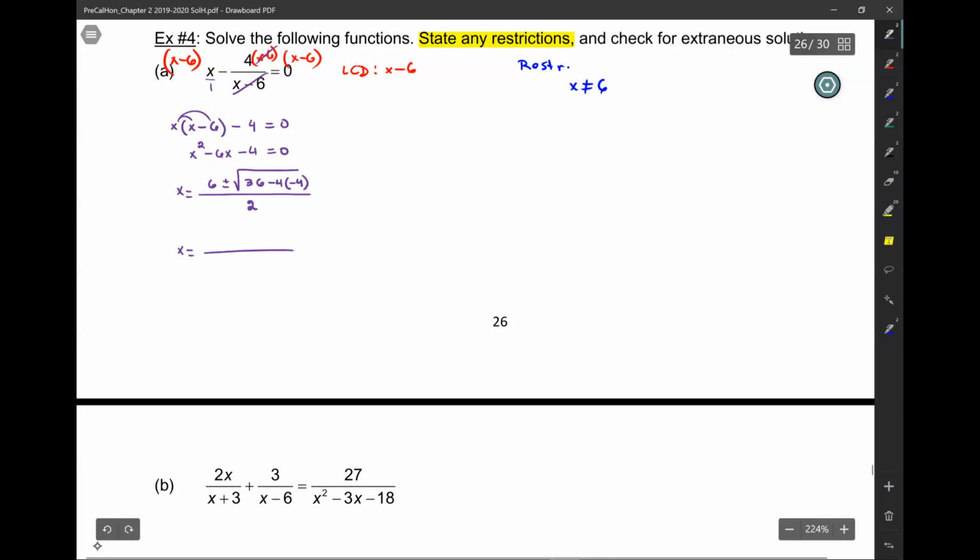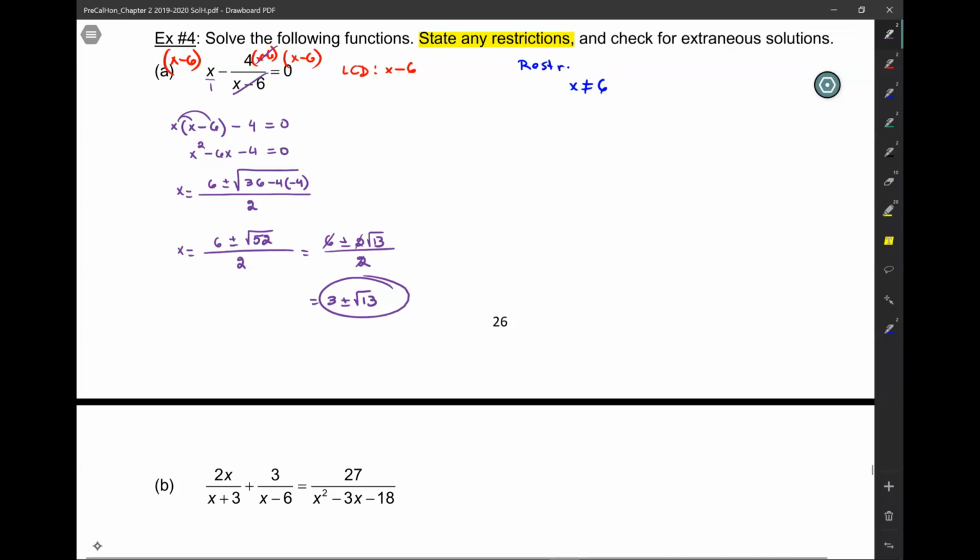So x is 6 plus or minus root 52 all over 2. And so that is 6 plus or minus 2 root 13 all over 2. And since none of those is 6, those are both good enough.